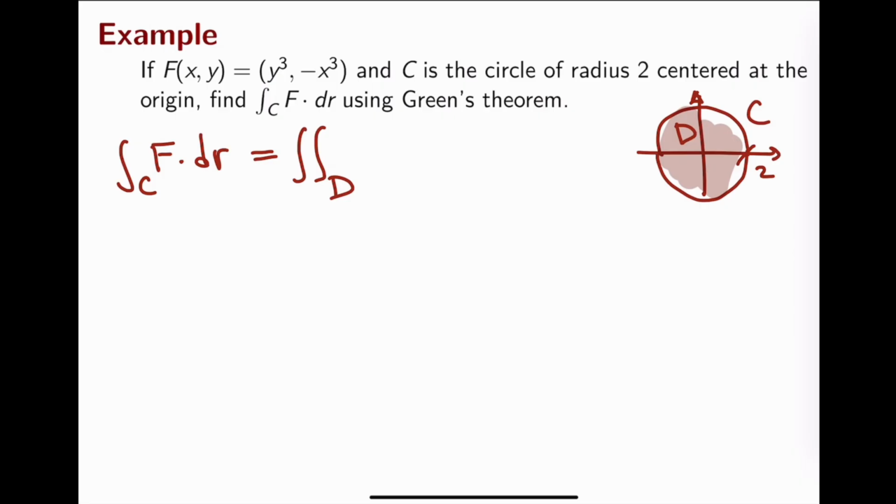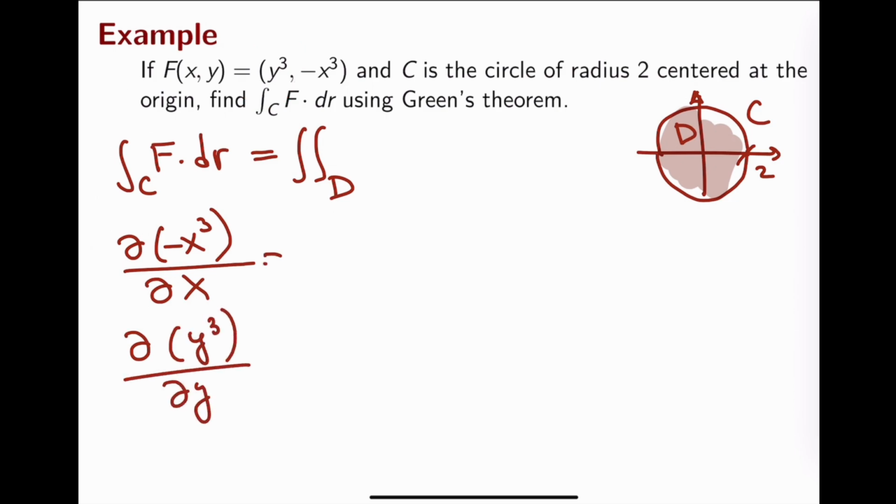So first, let's calculate the derivative of the second component here. The derivative in this case will be of minus x cubed with respect to x. So it's the derivative of the second with respect to x, and the derivative of the first with respect to y. So these are the two derivatives that we are going to need.